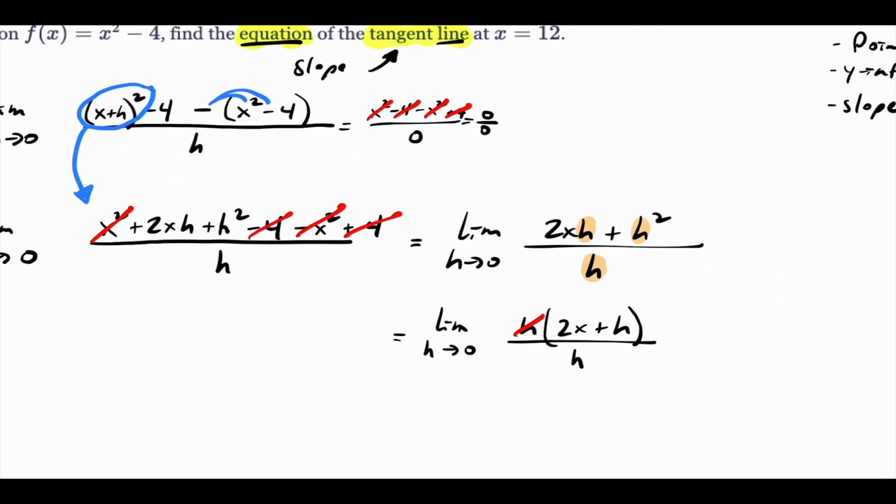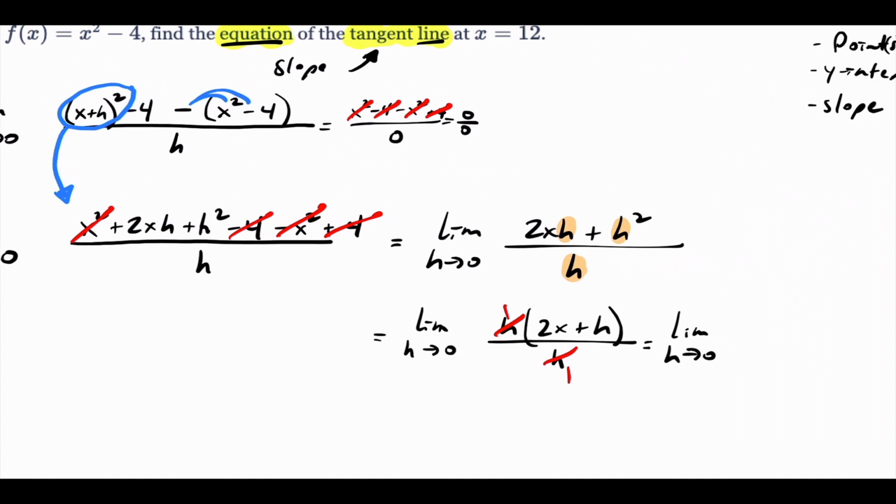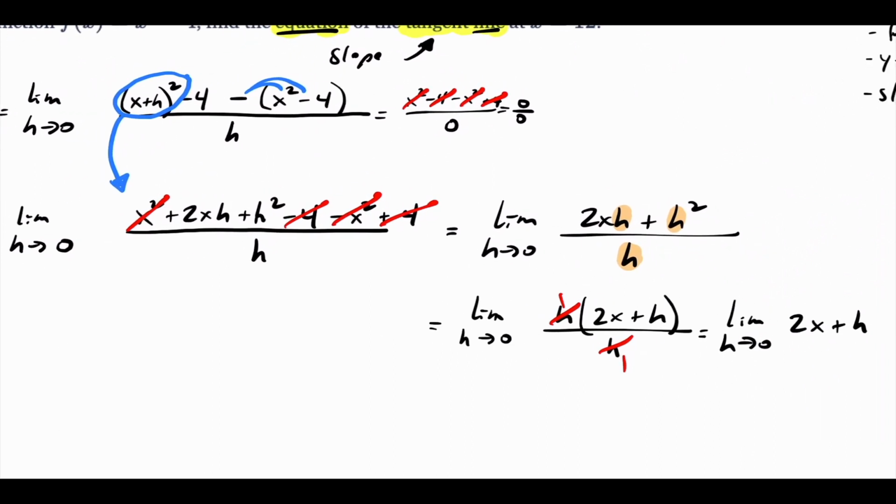The h's become 1s. So I'm left with the limit as h approaches 0 of 2x plus h. Now when I plug in 0, I get an answer. The derivative is just 2x.